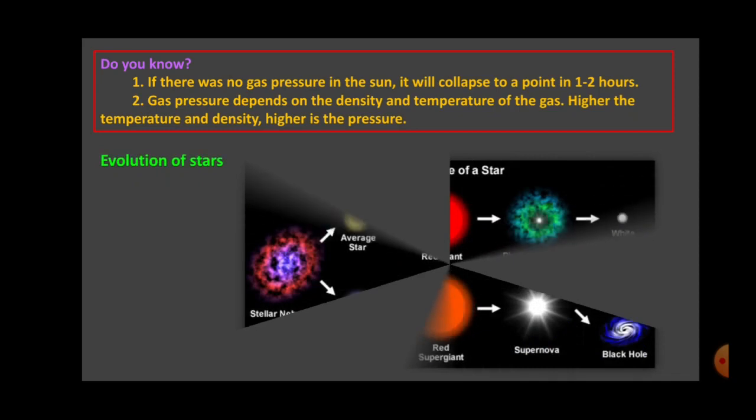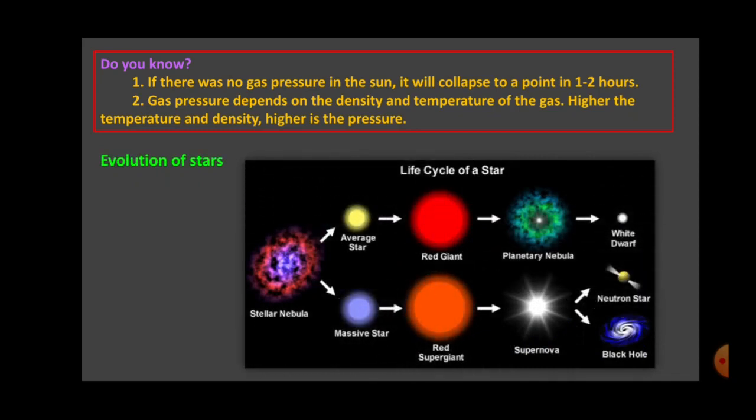Now we will see how the stars evolve, the evolution of the stars. What is the life cycle of a star? As you can see in the picture, these are the different stages in the life cycle of a star.